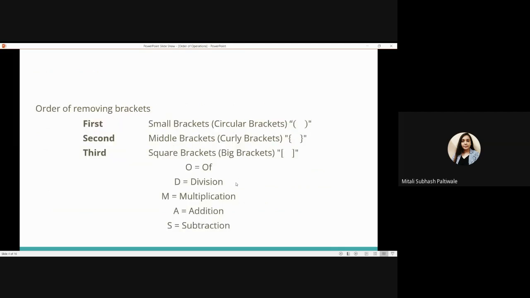Order of removing brackets: as I was telling you, the circular bracket or parenthesis you remove first, then the middle brackets, and the last one would be square brackets. Then come division, multiplication, addition, and subtraction, which is your BODMAS. Now let's move a little more ahead.